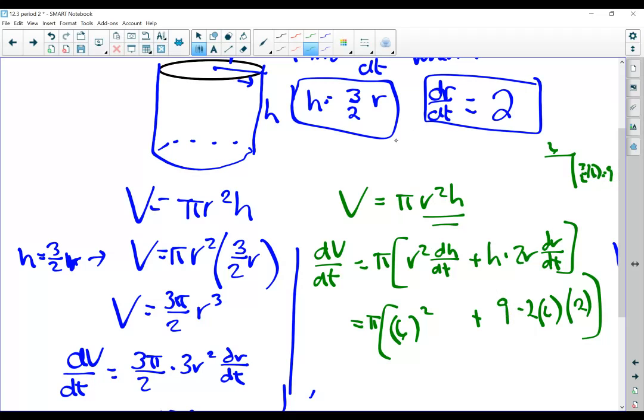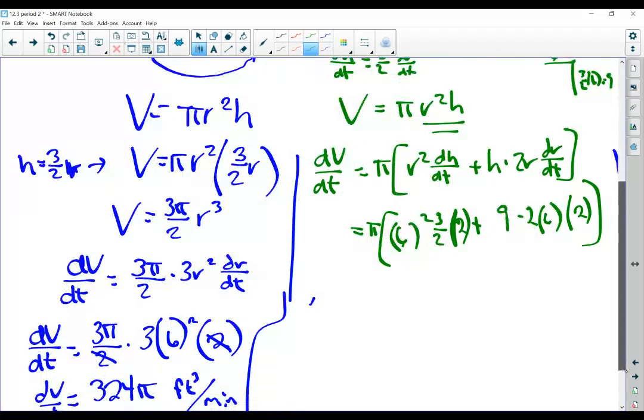To get the rate of the height, I would take my proportion and take the derivative. So if h is equal to 3/2 r, then dh/dt is equal to 3/2 dr/dt. So I'm just going to put 3/2 dr/dt in here, and since dr/dt is 2, it would just be 3/2 times 2.